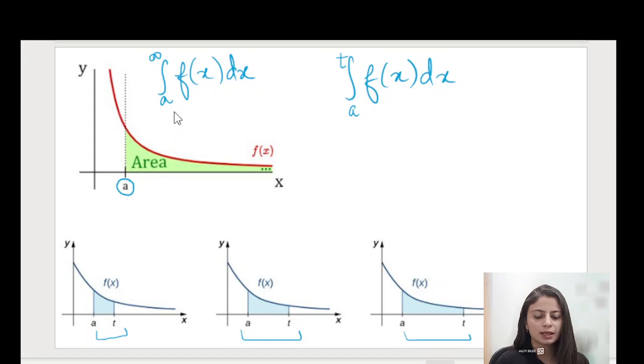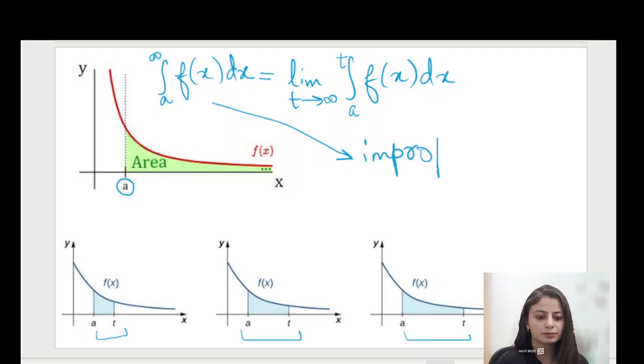So I can say that this integral would be equal to limit t tending to infinity, this integral. So to integrate a function over an infinite interval, we consider the limit of integral as upper limit increases without any bound. So this type of integral, we call it as improper integral.